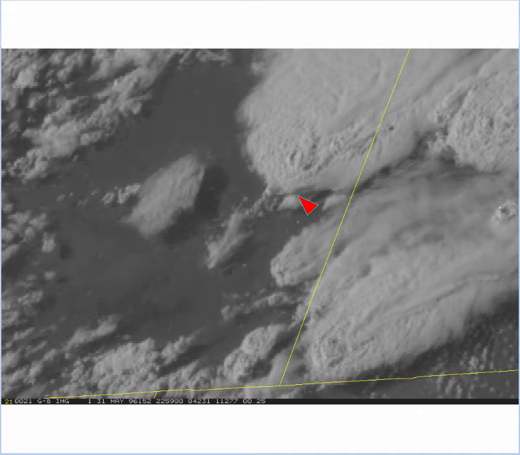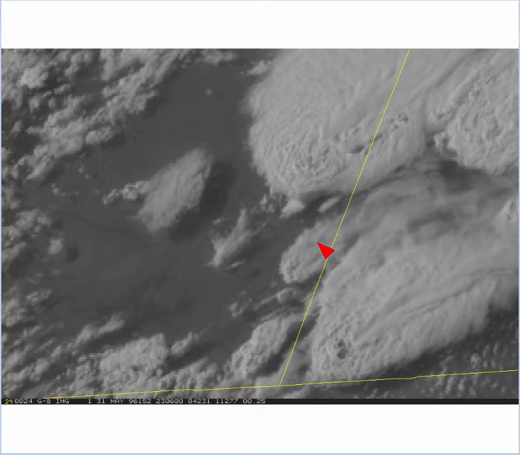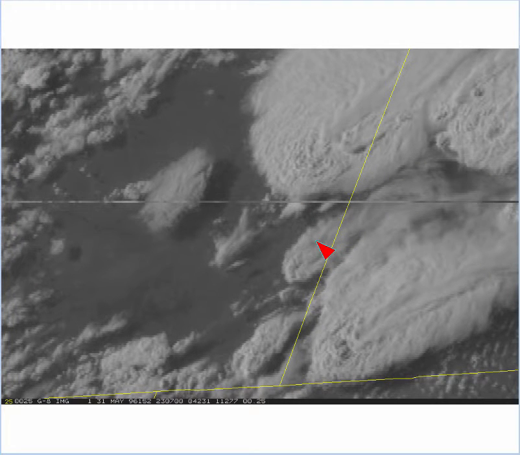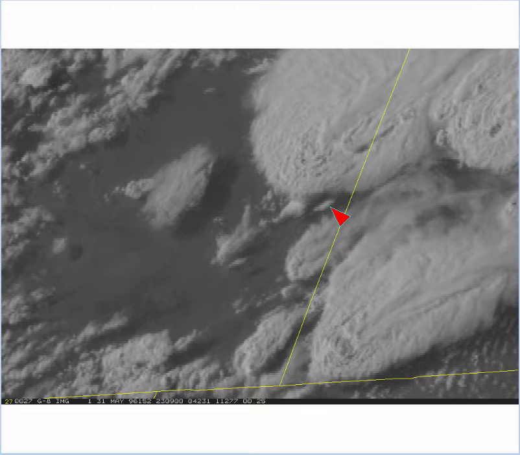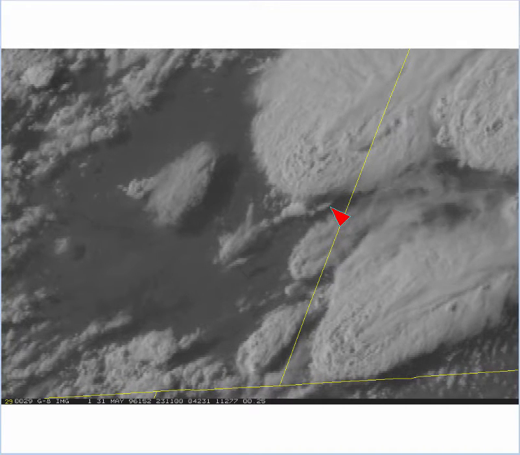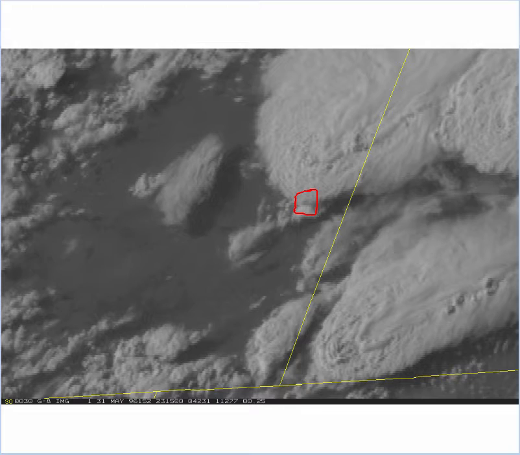So let's go ahead and advance along with my cursor, and you can see the outflow boundary right here moving towards the southwest, and as it interacted with the main updraft of the storm right here, a tornado was spotted right at that particular time.